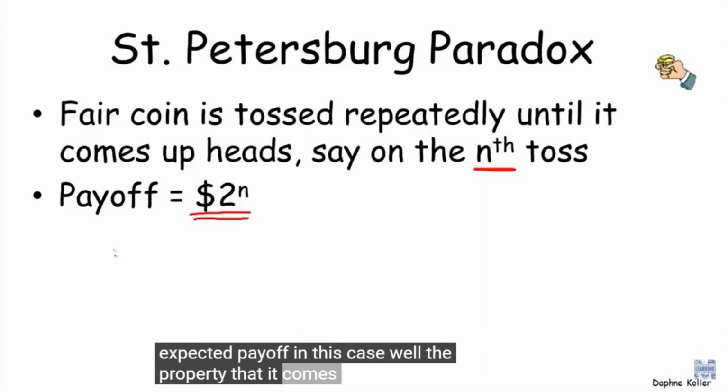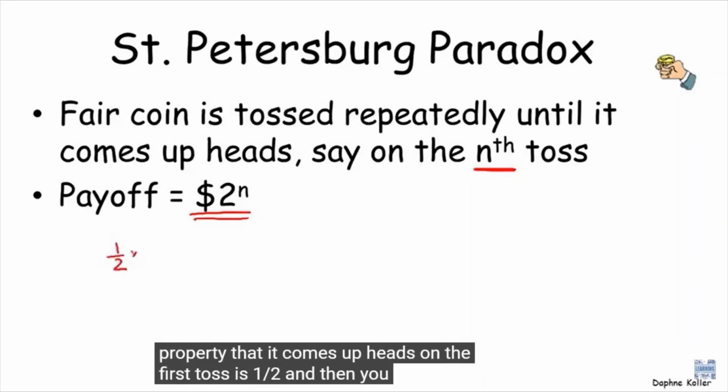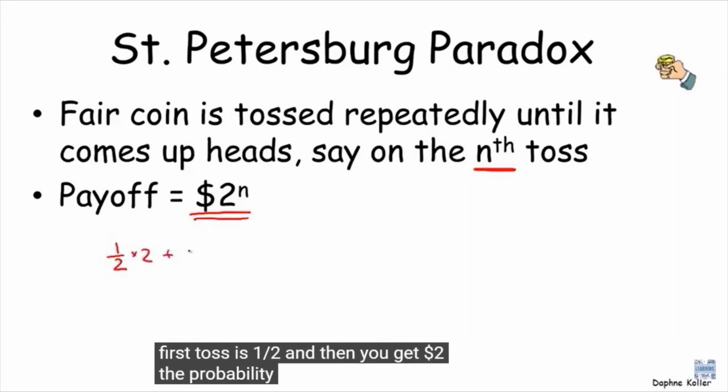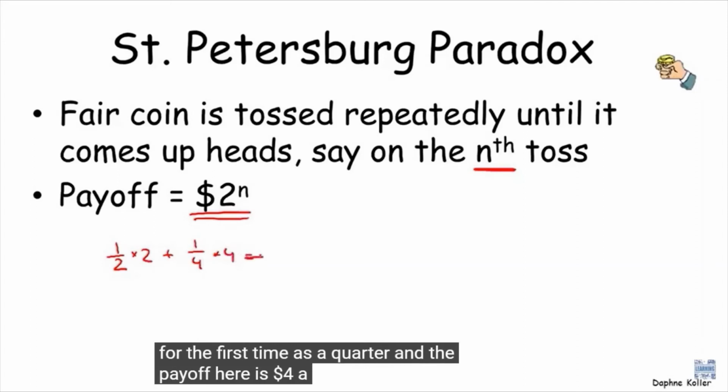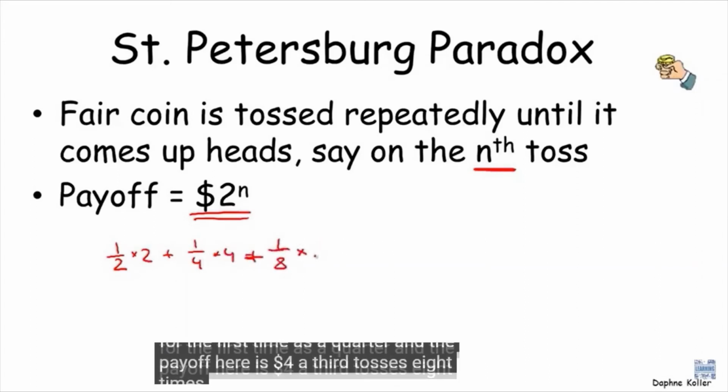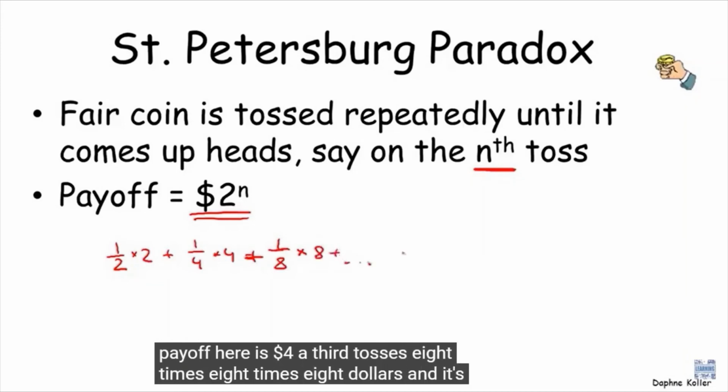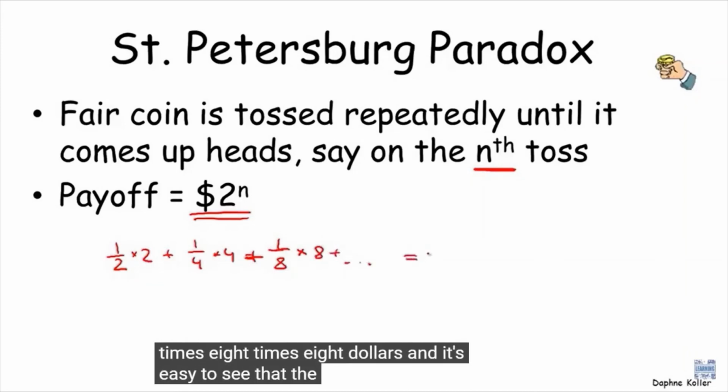Well, the probability that it comes up heads on the first toss is half, and then you get $2. The probability that it comes up heads for the first time on the second toss is a quarter, and the payoff here is $4. The third toss is an eighth times $8, and it's easy to see that the expected payoff over here is infinite.